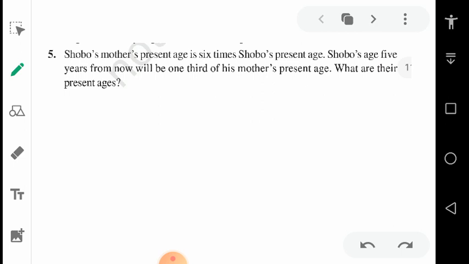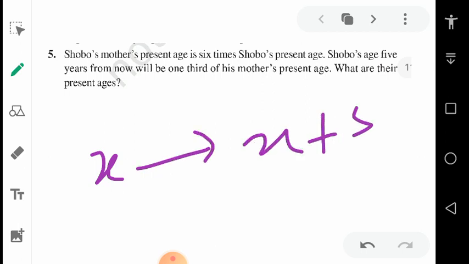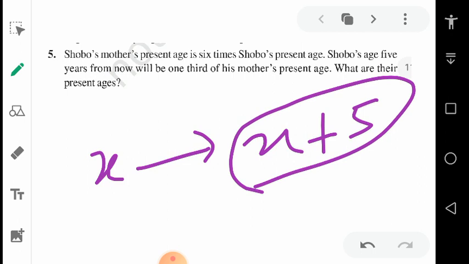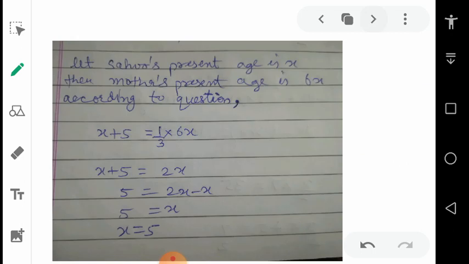From now means after 5 years. So if Sahu's age is x, then after 5 years his age will be x plus 5, obviously, because after 5 years he will be older. Now these two things you have to consider, and by using these we will make an equation, then we will solve it. So let's continue.